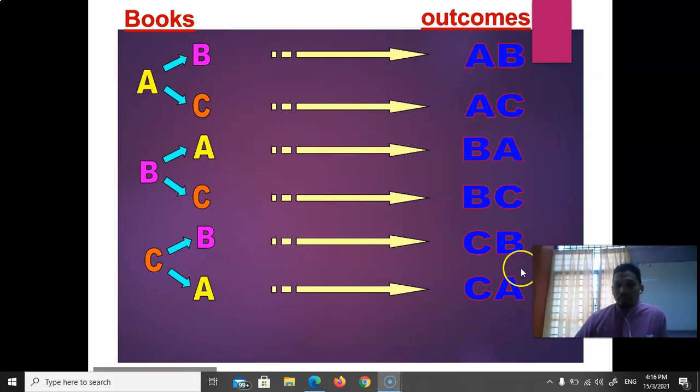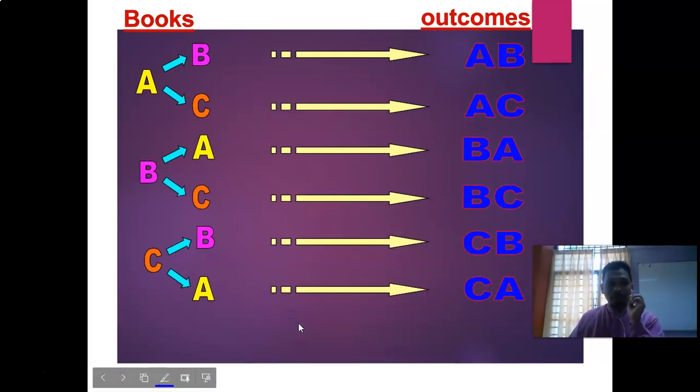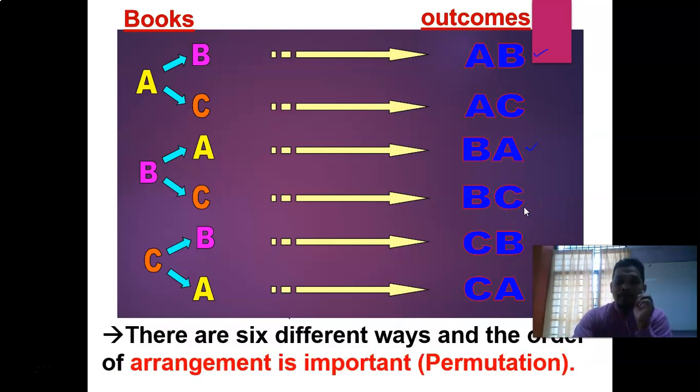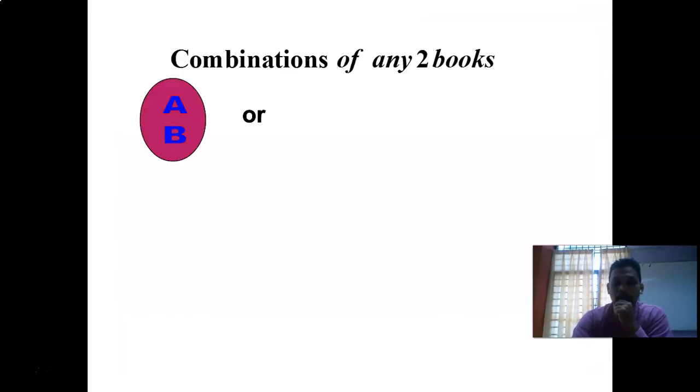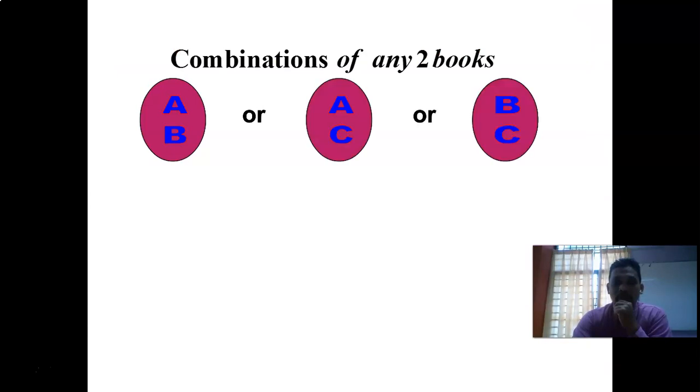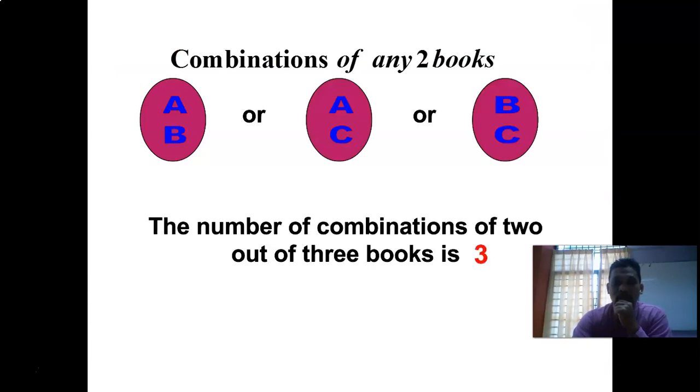As you see on the screen here now, the arrangement AB and BA, AC and CA, and BC and CB. So there are 6 different ways of arrangement. From 3 books, we choose and arrange 2 of them. The number of combinations of 2 out of 3 books is 3.